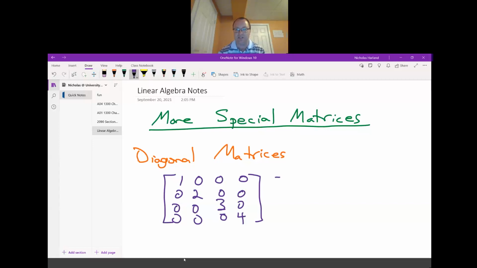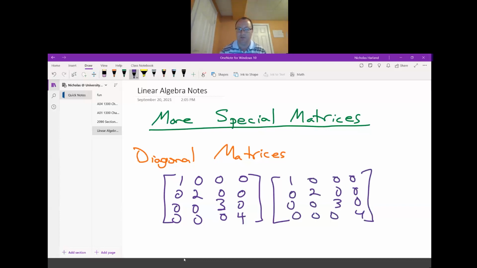If we did just multiply it by itself, aka squaring this matrix, whenever you did something on the main diagonal, that'd be 1 times 1, a bunch of zeros, and 2 times 2, a bunch of zeros, and 3 times 3.